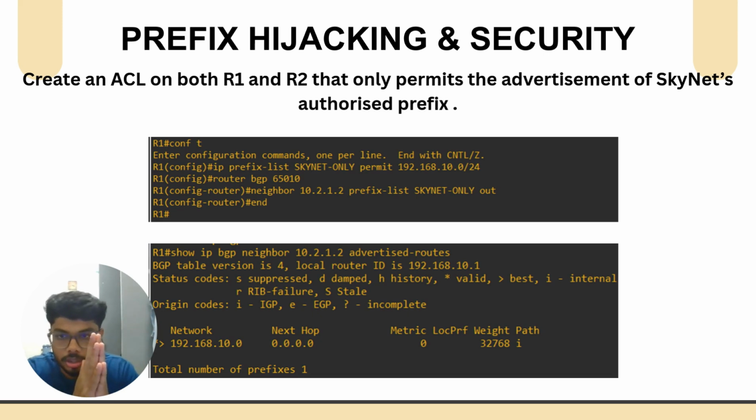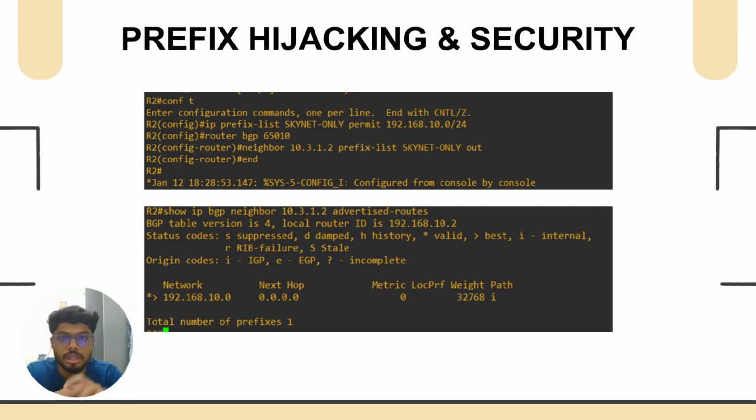This confirms that the Skynet LAN is being successfully sent to the ISP. And finally, we have the total number of prefixes, which is 1. This is the successful indication that the filter is working perfectly, because only one authorized network is being advertised, and all the other internal networks are being blocked. The same thing goes for the R2 side also. Whatever is explained for R1 is the same for R2.